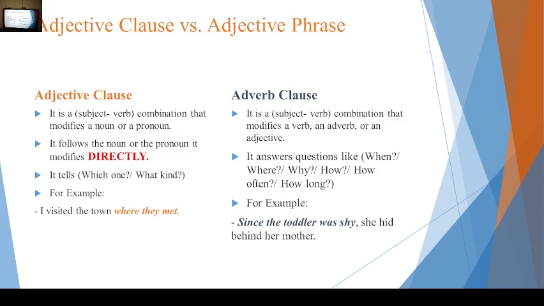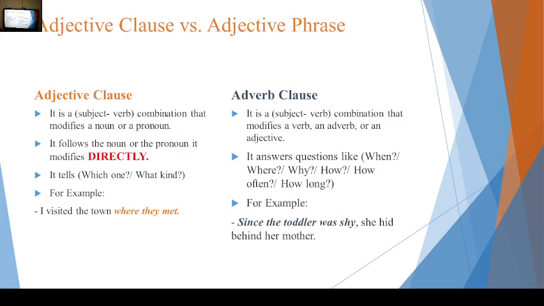One easy feature: it follows the noun or the pronoun it modifies directly. So once you see a subject and a verb combination following a noun or a pronoun, it is an adjective clause. It tells which one or what kind, so it answers these two questions.